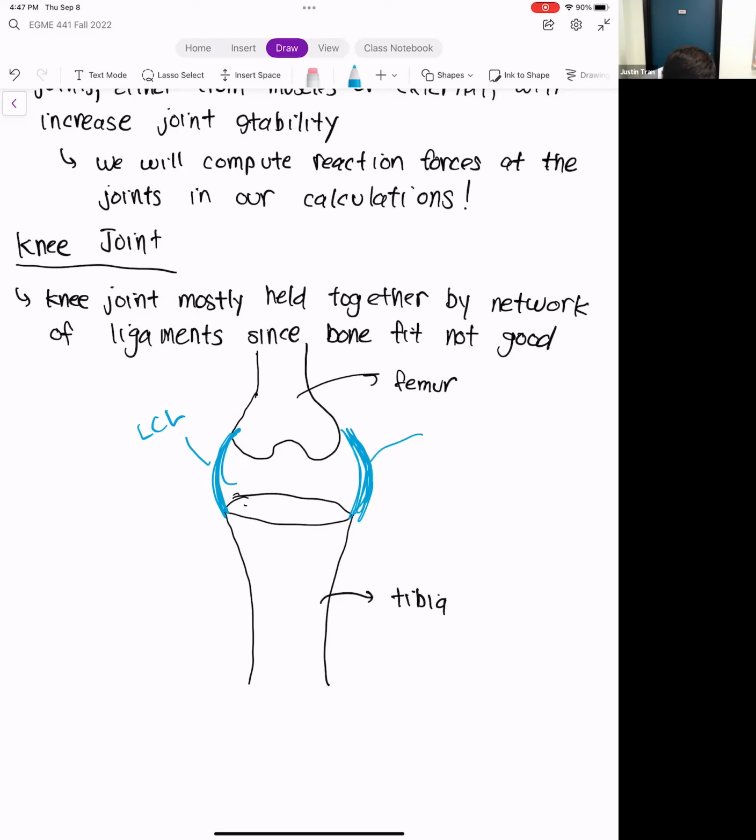This one right here is called the MCL. And then we have the two ligaments on the interior that cross over like this. One of these is called the ACL, and the other one is called the PCL. It's a little hard to draw here, but the ACL crosses from forward to back, and the PCL crosses from back to forward.